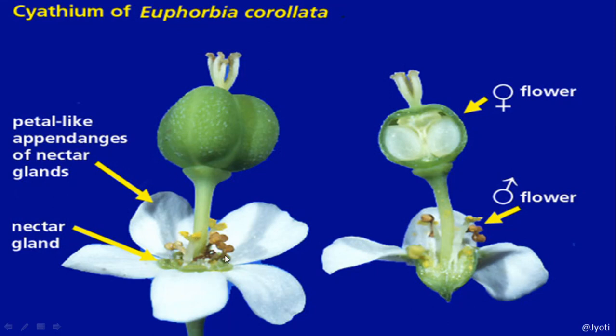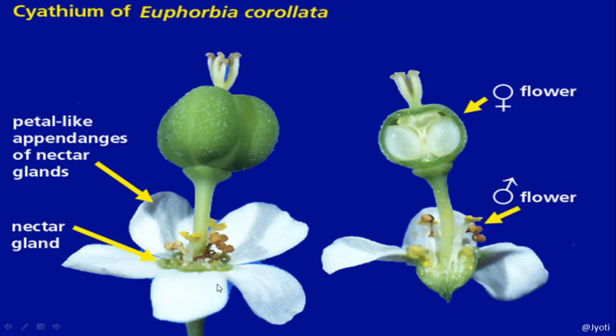Now surrounding the female flower, the male flowers are there, and here you can see the smaller male flowers are present towards the periphery, and the larger male flowers are present towards the center. So in this way a single female flower is present at the center.